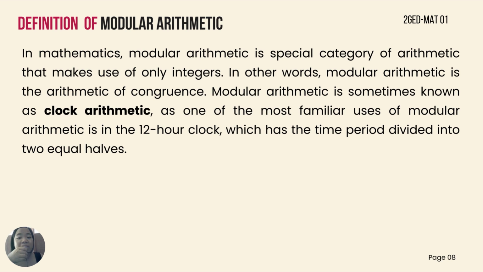Modular arithmetic is sometimes known as clock arithmetic, as one of the most familiar uses of modular arithmetic is in the 12-hour clock, which has the time period divided into two equal halves.